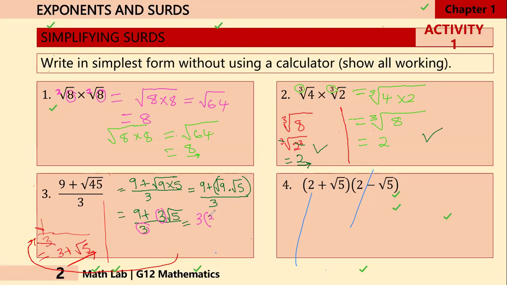We get 3. So 3 times 3 would still give us that 9. Then plus, remember that we took this 3 as a common factor outside, so we're left with root 5, all divided by 3.